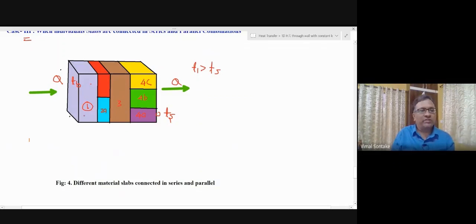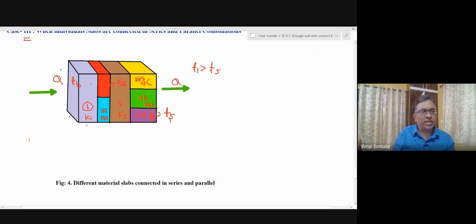Their thermal conductivities are K1, K2A, K3, K4A, K4B, and K4C respectively. Thermal conductivity of this material is K2C.